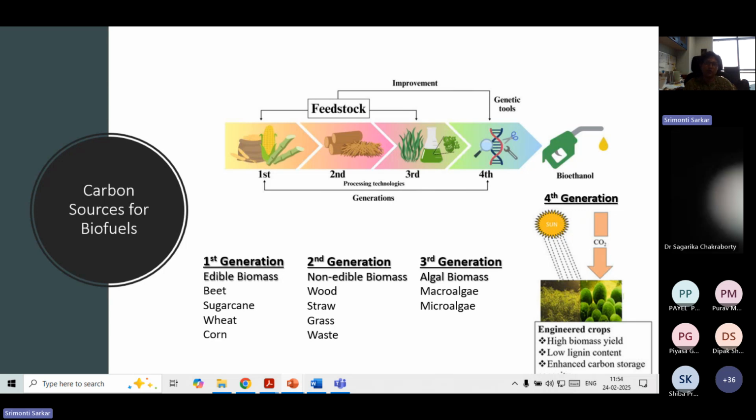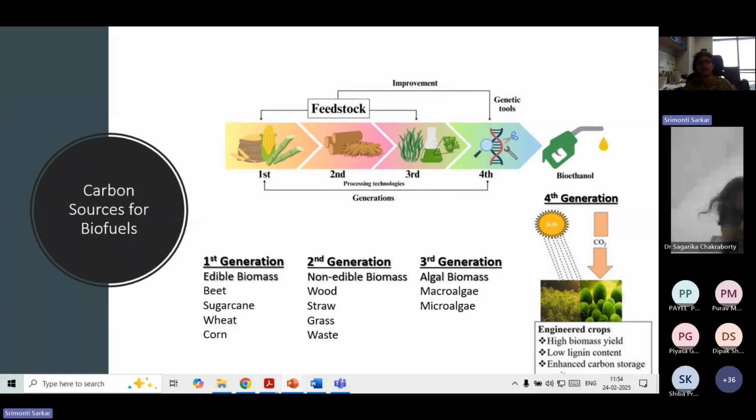Food security is also a very important parameter for the world, and there's a lot of food shortage. So it's not as if we have excess food grains that we can now use to convert to bioethanol. So the hunt was on for using other forms of carbon.